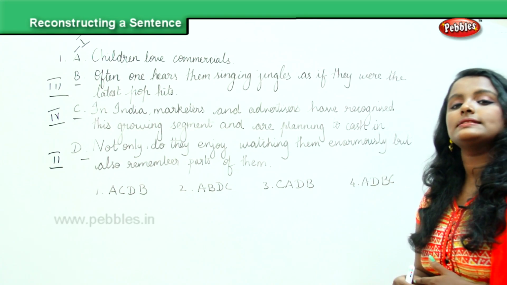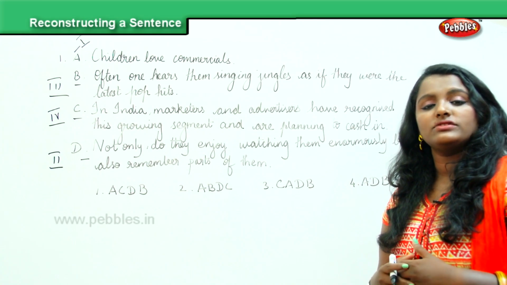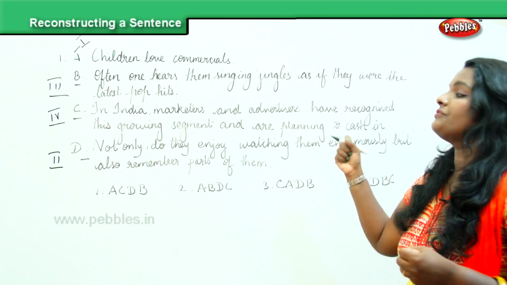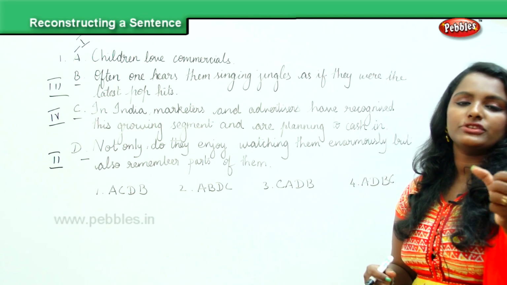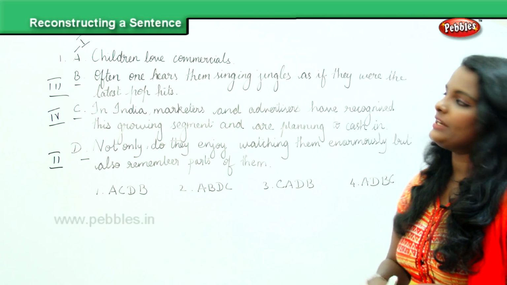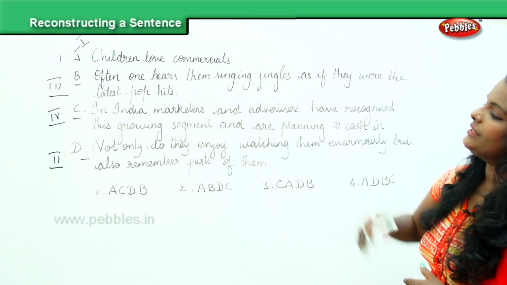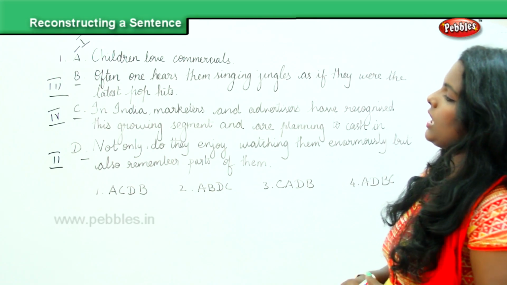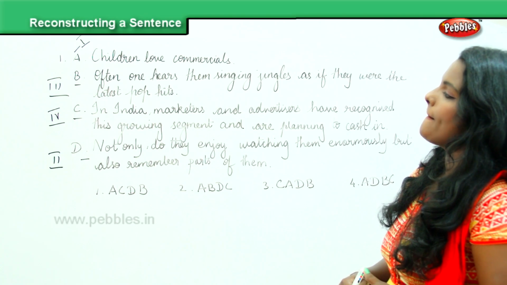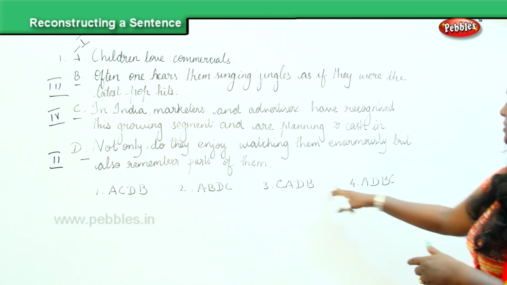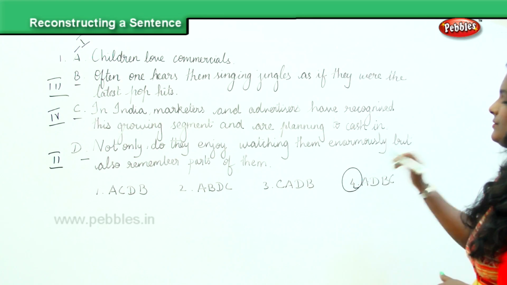And the fourth sentence says how marketers and advertisers are pouring money into the field to capture the attention of the target group, right? So your order is A, D, B, C. So this is your option.